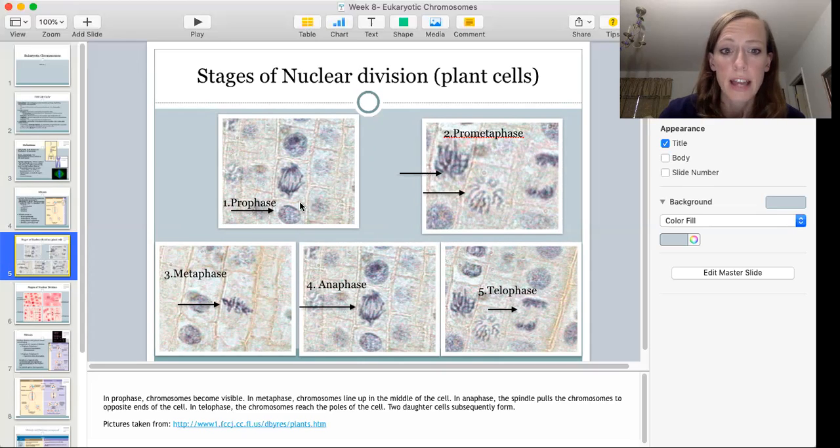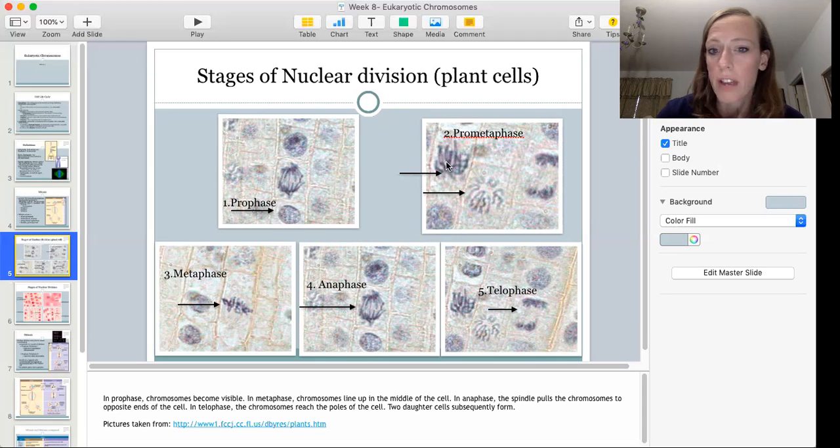When it does, and it starts to enter prophase, you're going to start to see the chromosomes become a little bit more distinct, and you're going to lose the shape of the nucleolus in the nucleus, okay? It's going to look more like this. Late prophase or prometaphase, stage 2, is when you then lose that nuclear membrane. So you can still see there's a structure containing the genetic material still existing in prophase.